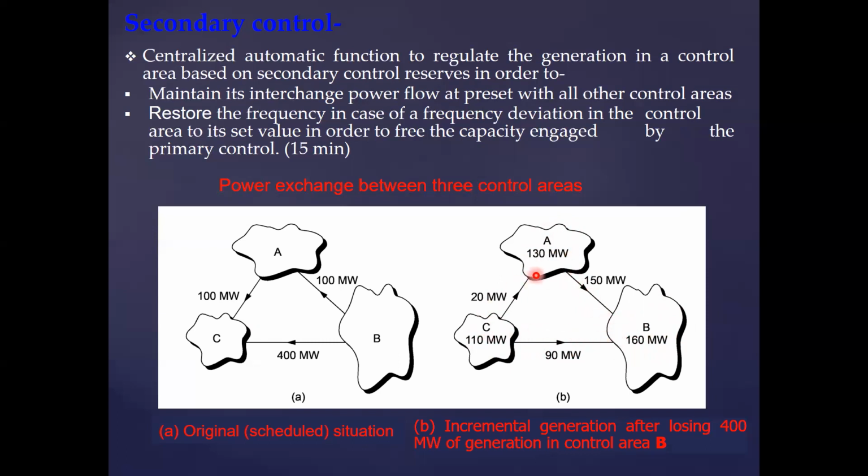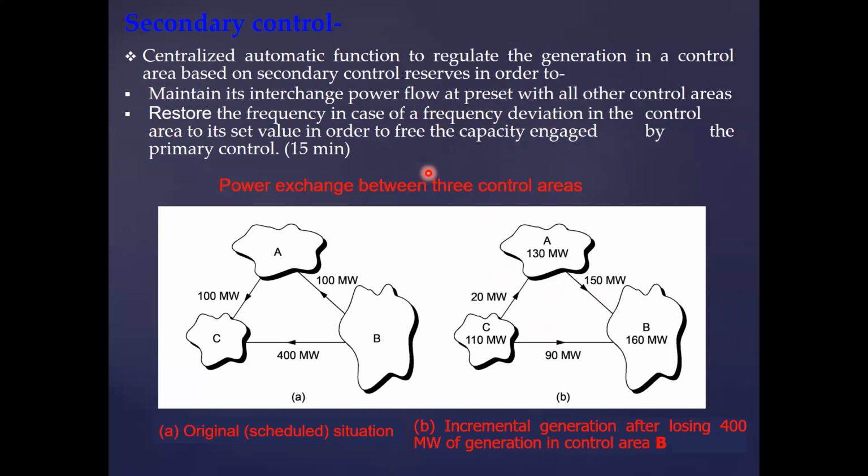But then it is required that the amount of power flow in the tie line should be as per the schedule value, and because the system is interconnected, it is also required to achieve minimum frequency deviation. That is very important for us, right?